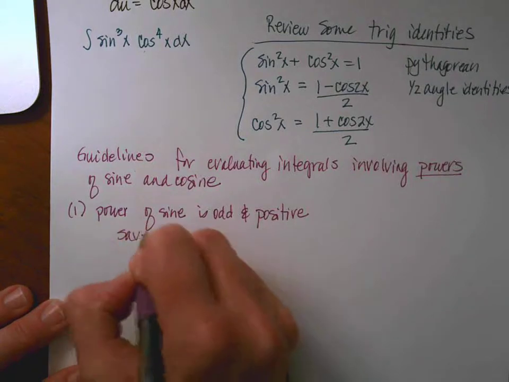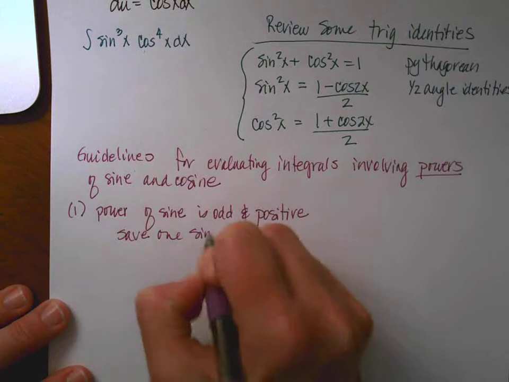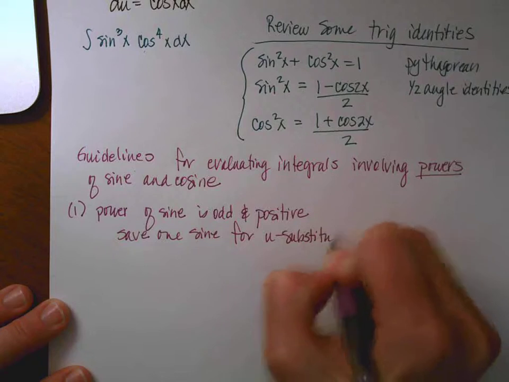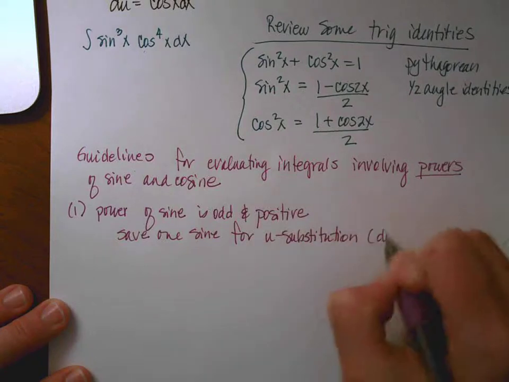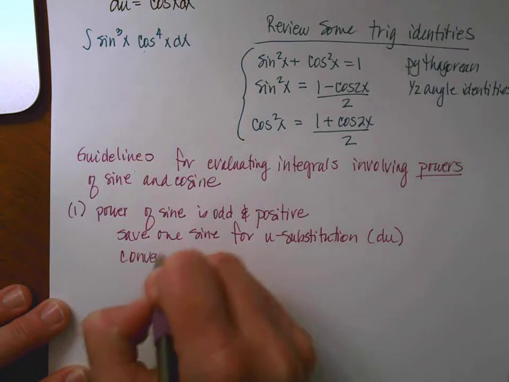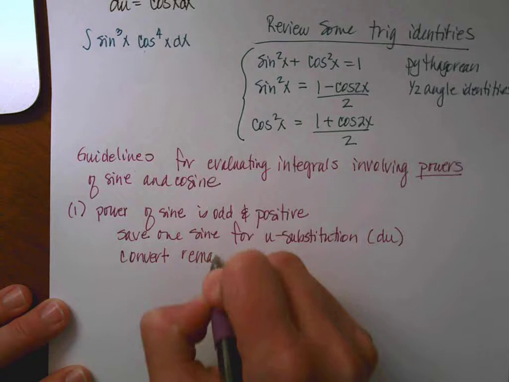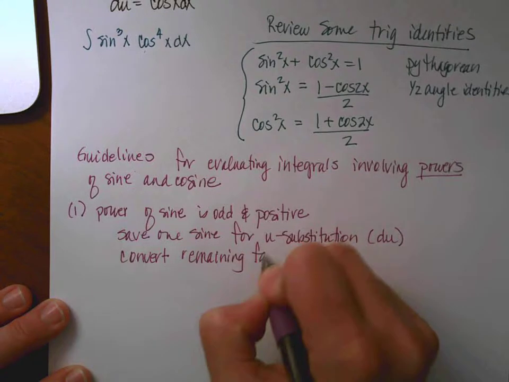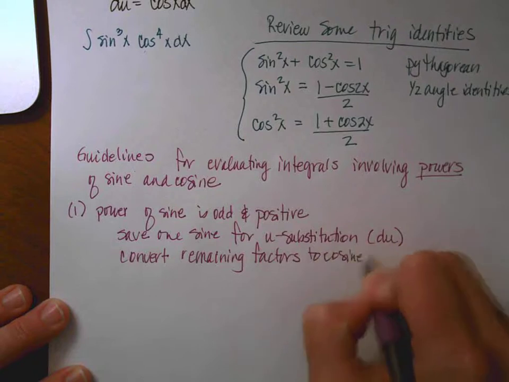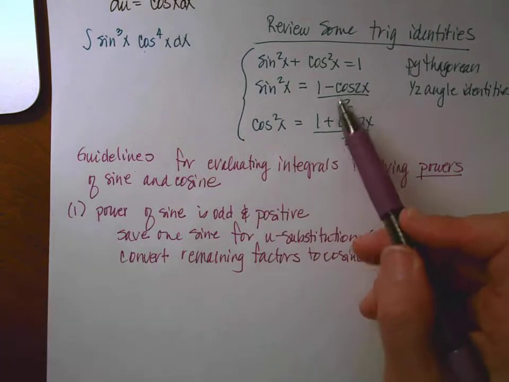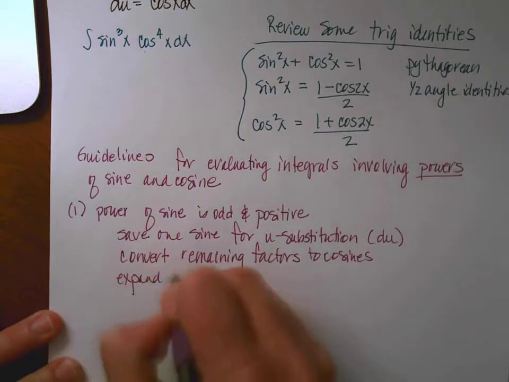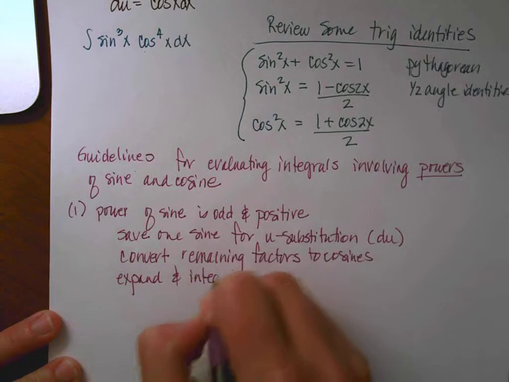If that's true, we're going to save 1 sine for the u substitution, and particularly, we're going to want it for the du. And then we're going to convert the remaining factors to cosines, and we're going to do that using our information up here. And then we're going to expand and integrate.